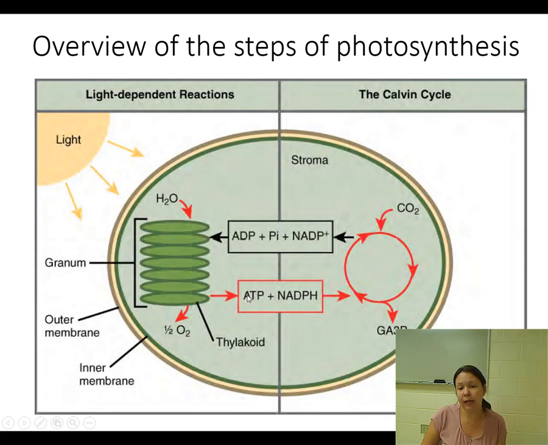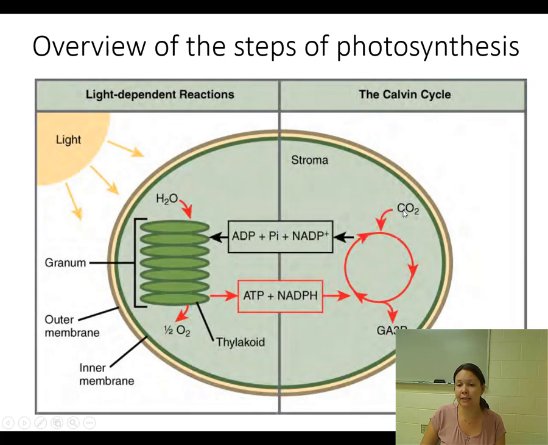But these 2, ATP and NADPH, these 2 outputs from step 1 are used for step 2, the Calvin cycle. So the Calvin cycle relies on that ATP and NADPH to be used for cycling and generation of the product here, which is a precursor for glucose. So CO2 is required in this Calvin cycle, so that's the second stage of photosynthesis.